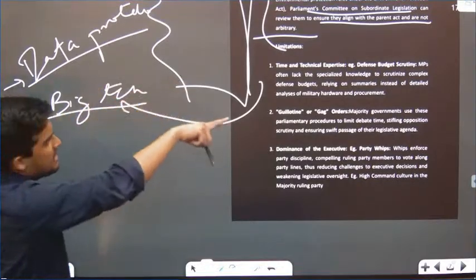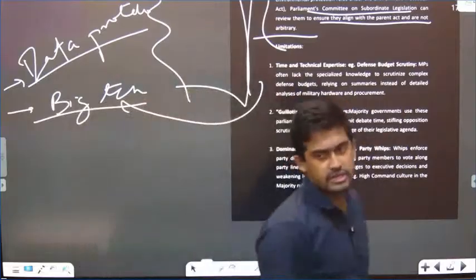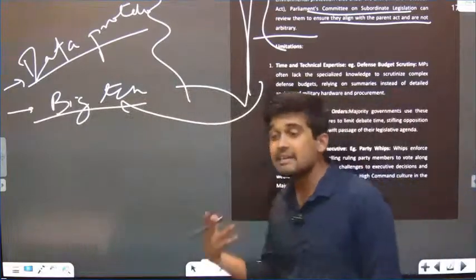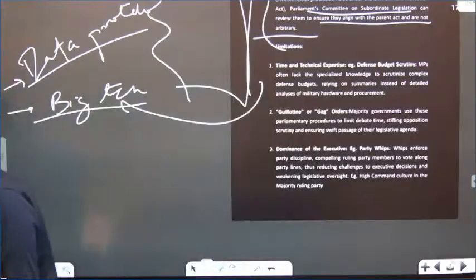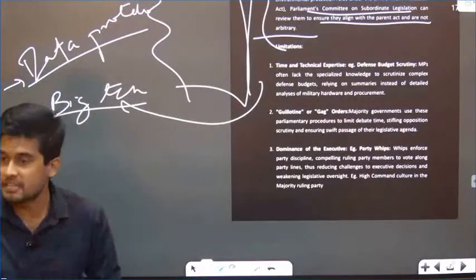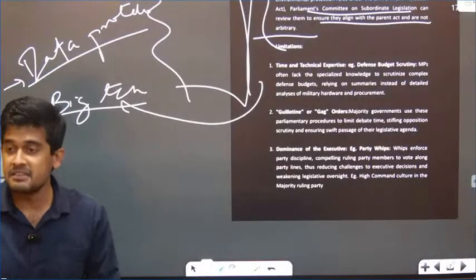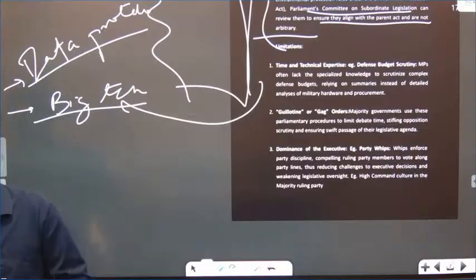Similarly, an example I have given is defense budget. Now, these are very technical in nature and they require a lot of experts, and it's about policies that those experts decide. Parliamentarians are not always aware of these things.